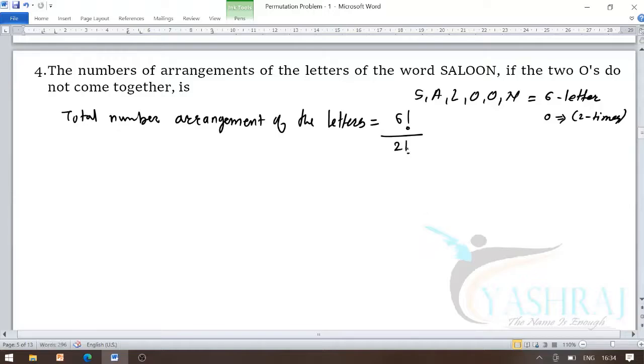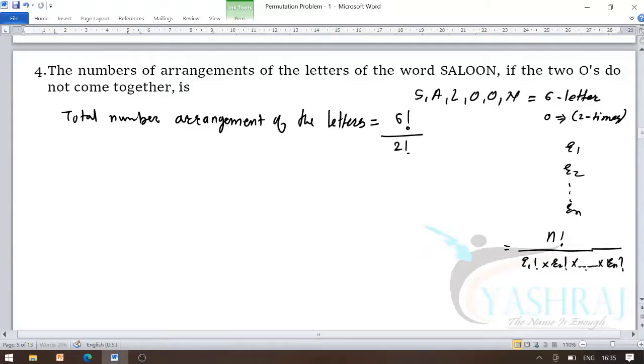As per the repeating concept, if letters are repeated twice, thrice, or n number of times, suppose one letter is repeated R1 times, another letter is repeated R2 times, and so on, Rn times, then the permutation of n letters, among them a few letters repeated R1, R2, up to Rn times, is given by n factorial divided by R1 factorial into R2 factorial into so on into Rn factorial.